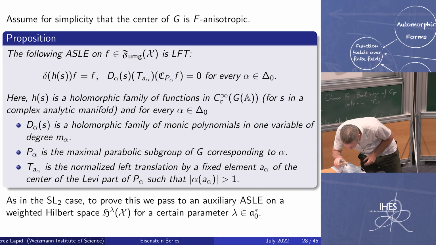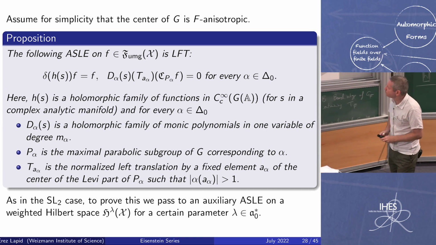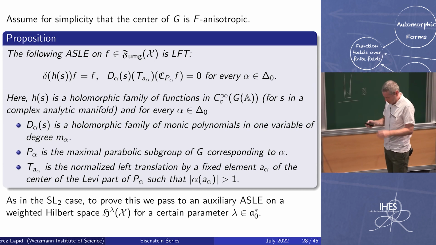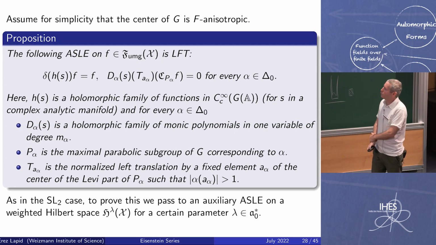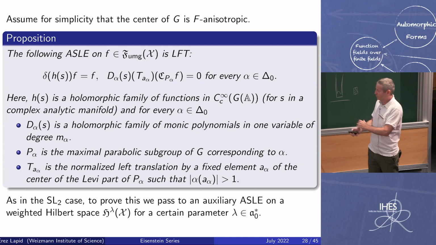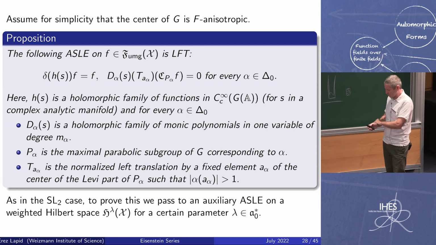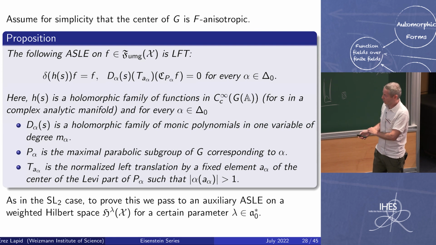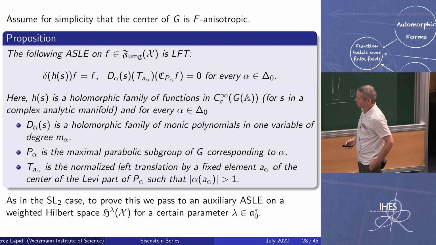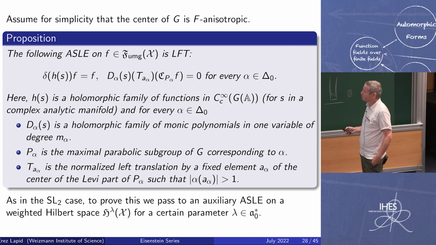So remember also in the SL2 case, there was a statement about functions of uniform moderate growth. And then in the proof, we used some auxiliary space. That's exactly what we are going to do here. So we are going to use these weighted Hilbert spaces that actually Franke also considered in his paper.